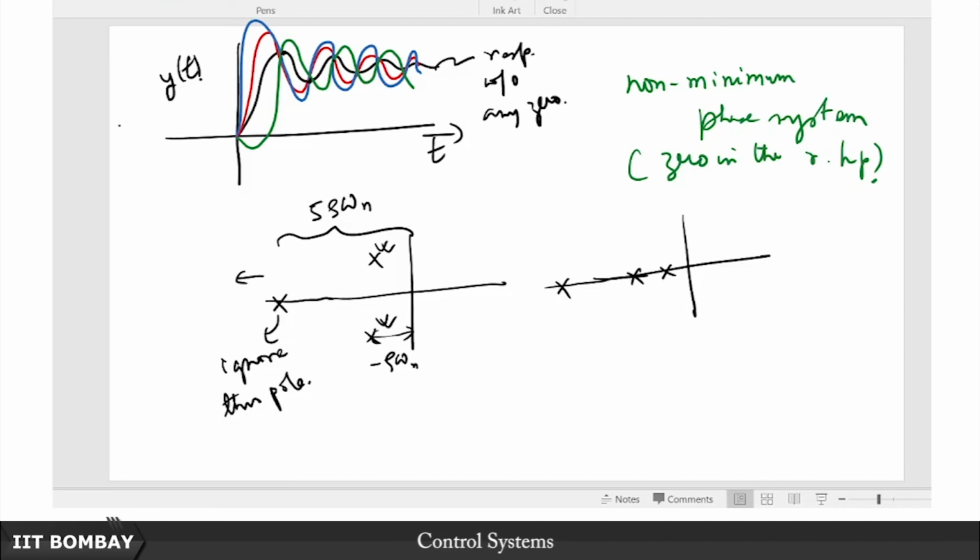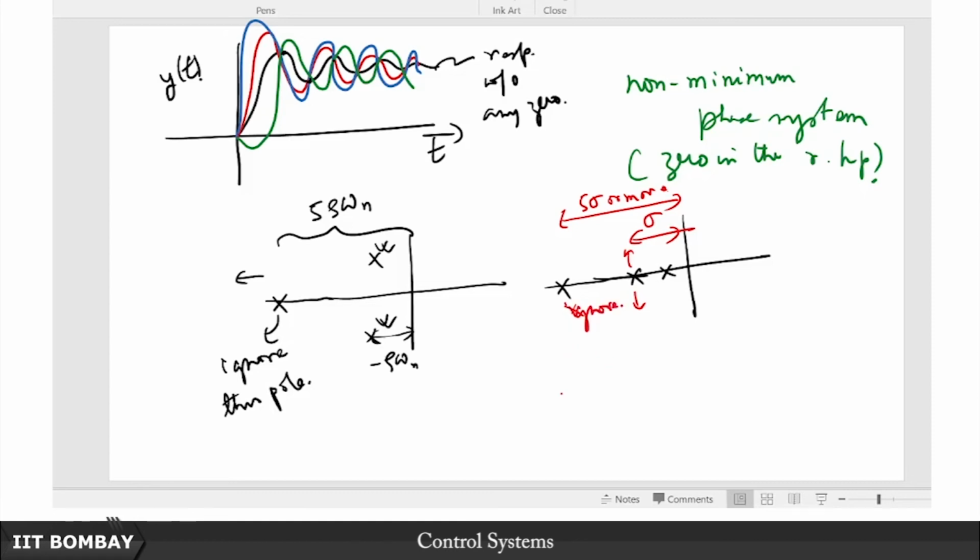In that case, the rule we generally employ is, out of the 2 poles closer to the imaginary axis, take the one that is farther, call this sigma, and if this distance is 5 sigma or more, then you can ignore the effect of this.